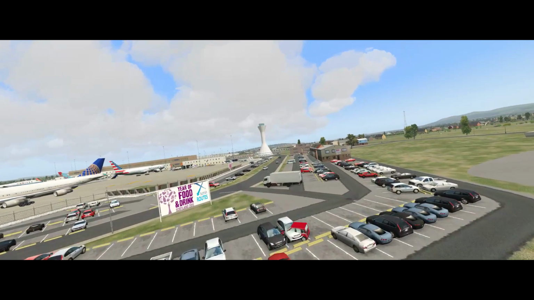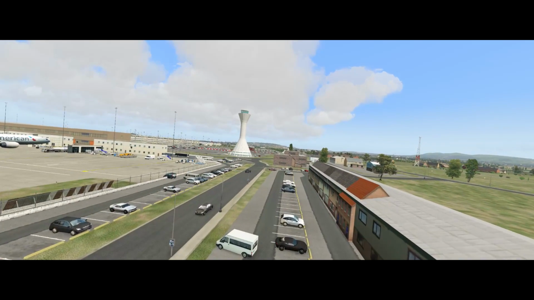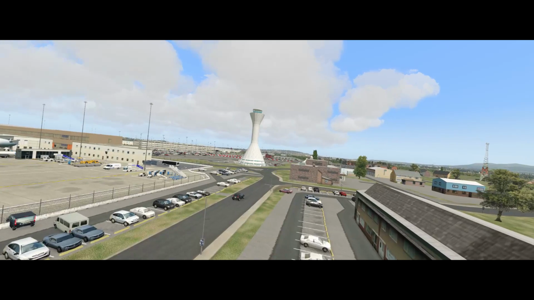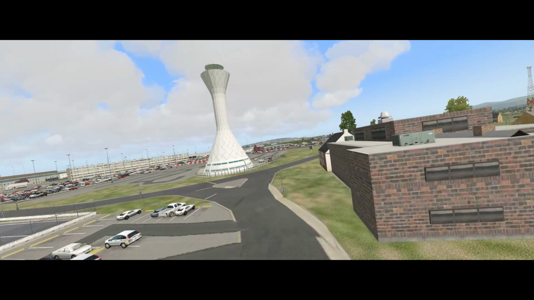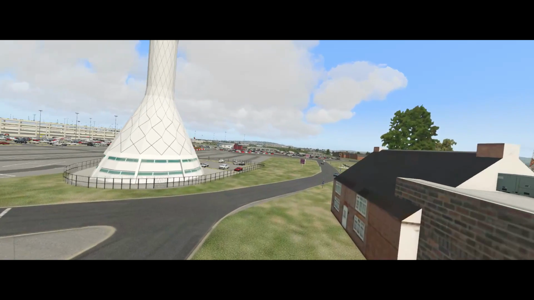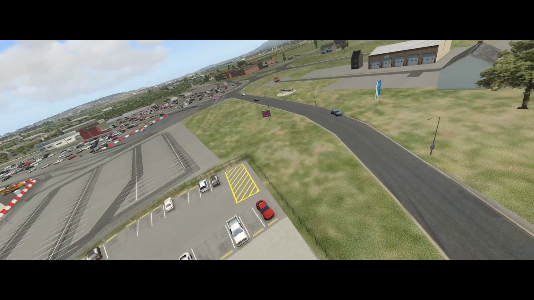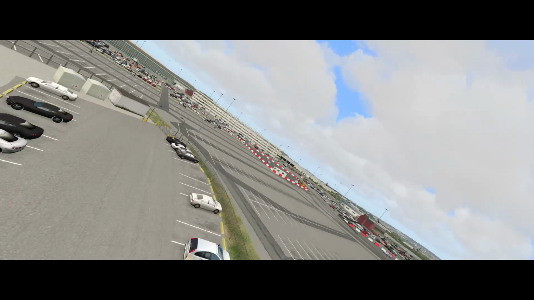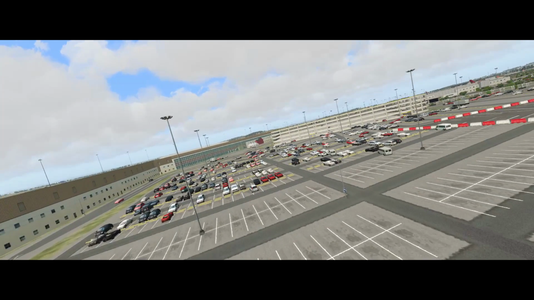He'll miss out, for example, some buildings, or he won't have enough parking stands for people who like to fly online, such as myself in VATSIM. There just won't be enough parking spaces, and that kind of worries me. I'm thinking, well, maybe he's rushing things a little bit. But this airport is very good, and don't forget, this is freeware, so really, I shouldn't be so pernickety.